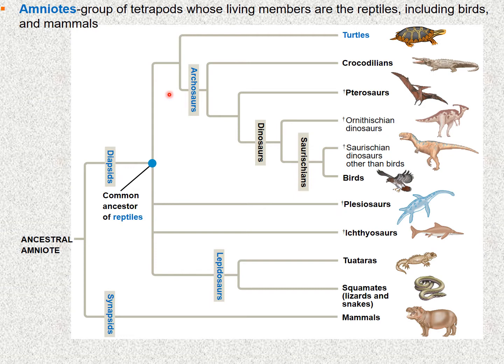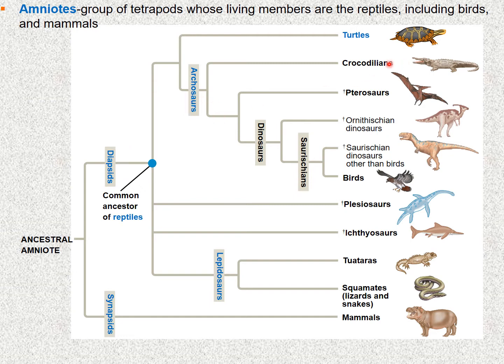So you can see that the diapsids diverge into four major groups ultimately. Two of them are actually extinct. The plesiosaurs and the ichthyosaurs are extinct, and this is a polytomy right here, so their evolutionary relationship probably isn't quite defined or known at this time.